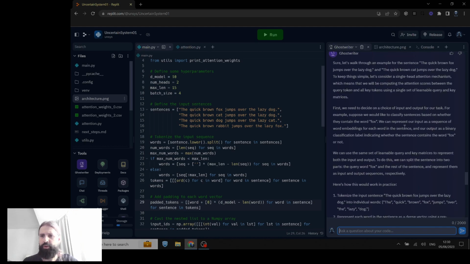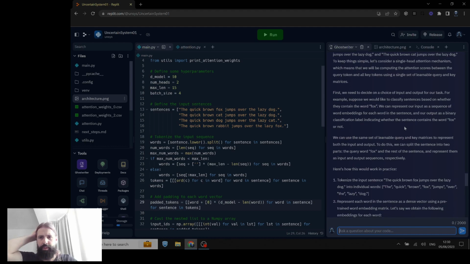First, we need to decide on the choice of input and output for our task. For example, suppose that we would like to classify sentences based on whether they contain the word fox. We can represent our input as a sequence of word embeddings for each word in the sentence, and our output is a binary classification label indicating whether the sentence contains the word fox or not.